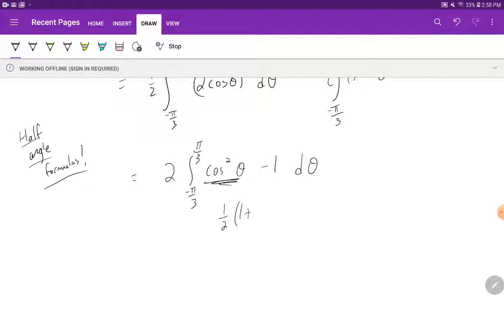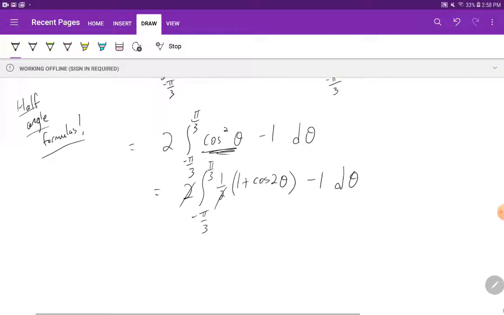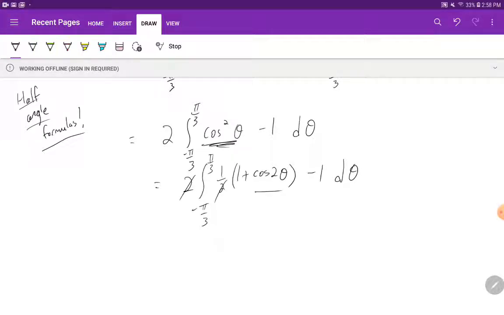I think this one's plus. Cosine 2 theta minus 1, negative pi over 3 to pi over 3. The 2's cancel out, the 1's cancel out, which is nice, and then I'm integrating cosine of 2 theta.